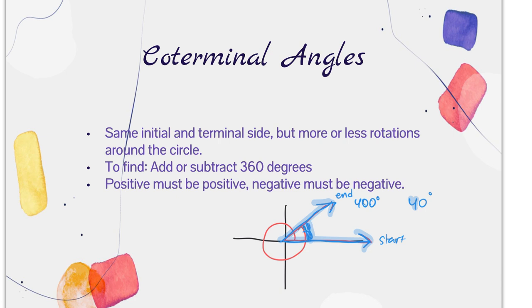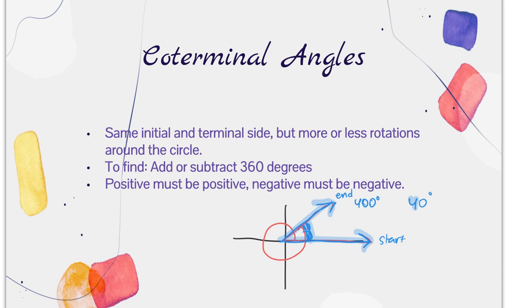It's just that 400 did 1 revolution to get there, and 40 didn't do any revolutions, okay? So believe it or not, guys, you can have an infinite number of angles that start and end in the same place, okay?